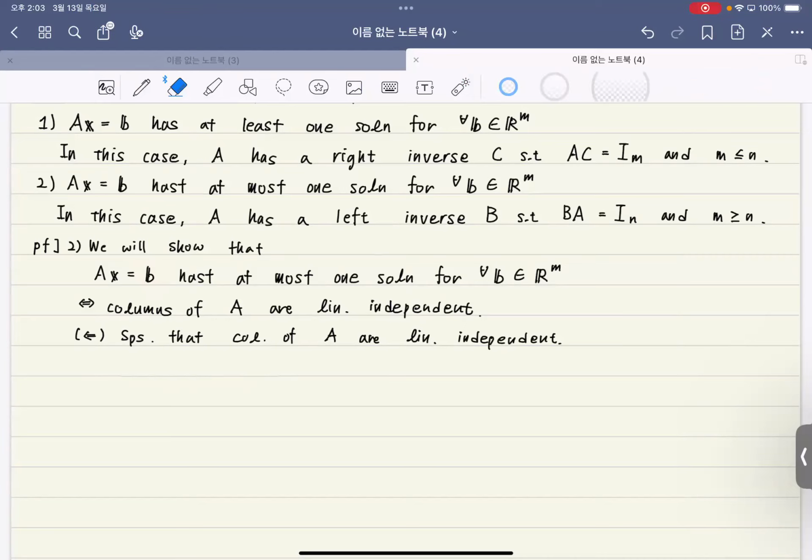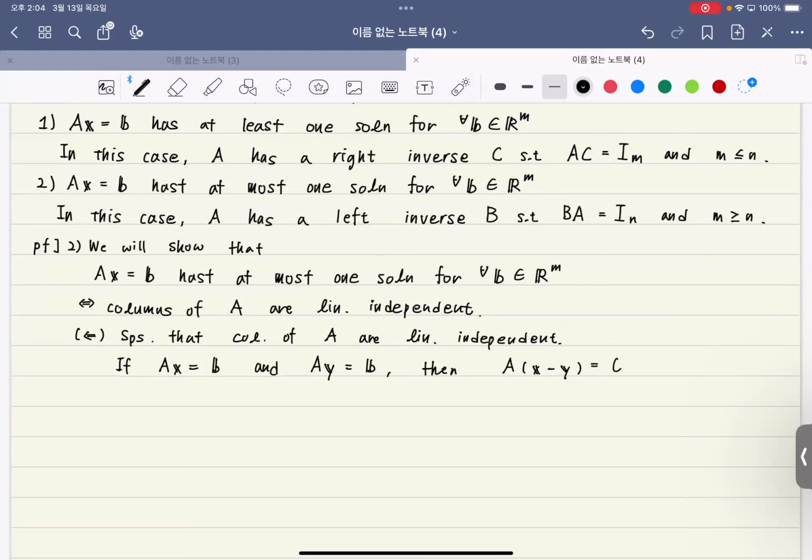If Ax is b and Ay equals b, then A(x minus y) must be the zero vector, because if you subtract both sides of these equations, then you get this.